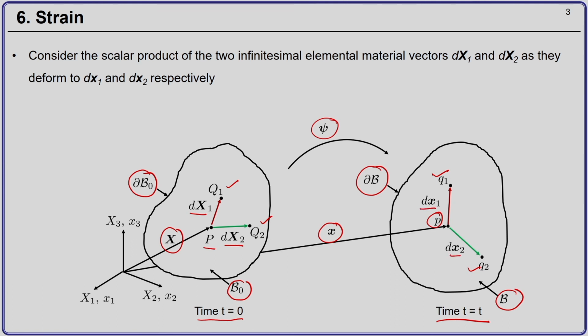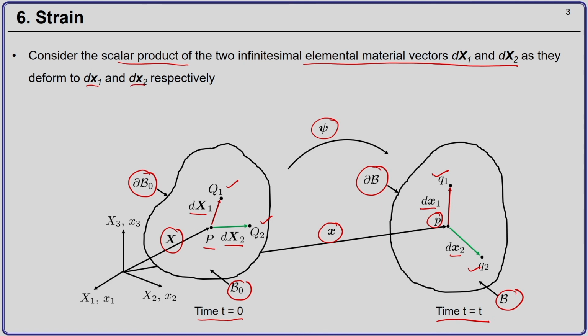This is the general setup, and now we consider the scalar product of the elemental material vectors dx1 and dx2 as they deform to spatial vectors dx1 and dx2 respectively.